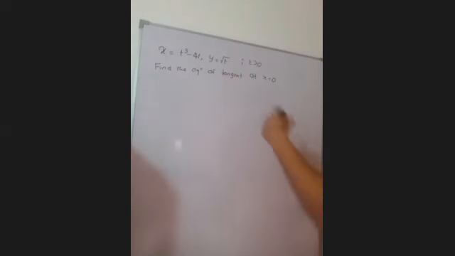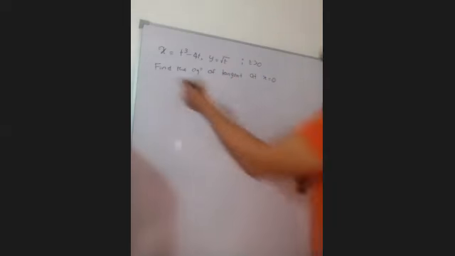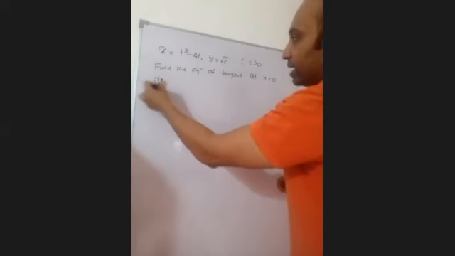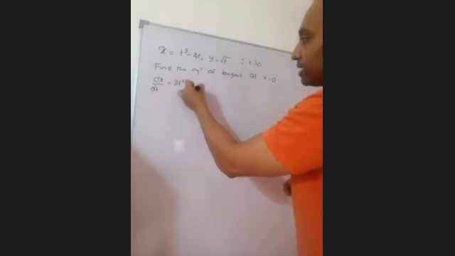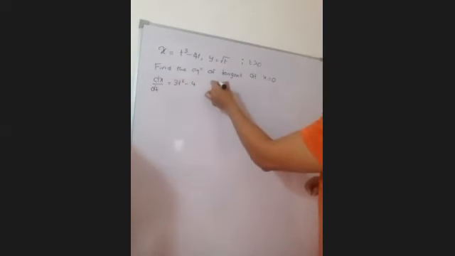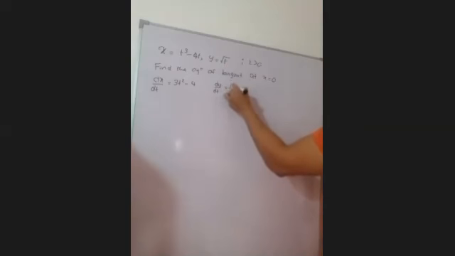To find the gradient, we need to find dy by dx. To find dy by dx, initially I find dx by dt, which is 3t squared minus 4. Then we can find dy by dt. Differentiation of t to the power half is half t to the power minus half, that is 1 over 2 square root of t.